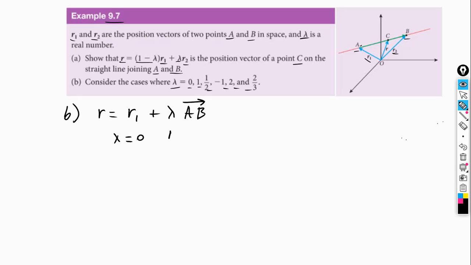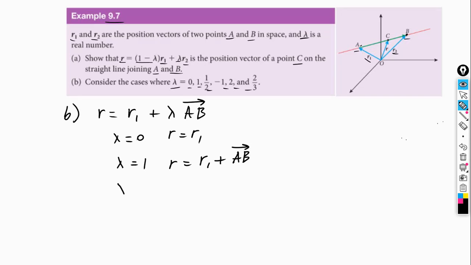Well, we're going to get that r is equal to r1. So in that case, point C would be at A. If lambda is equal to 1, we're going to get that r is equal to r1 plus vector AB. So that means that C would be at B.